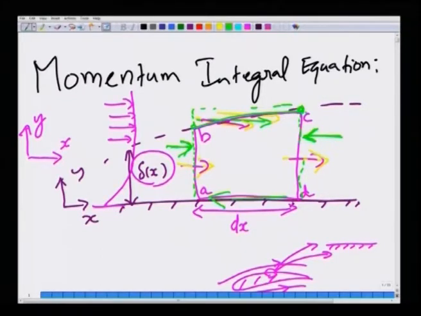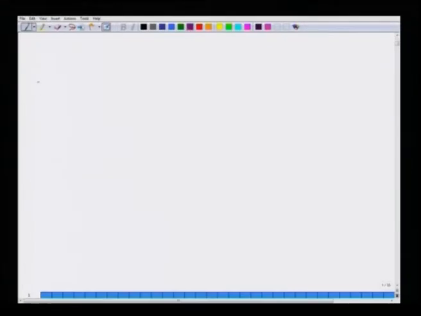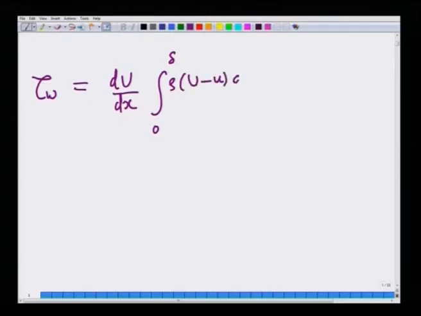Now, if we account for all these things, we ended up with this final differential equation in the last lecture, which relates the wall shear stress tau w, the force per unit area, to dU/dx times the integral from 0 to delta of rho times (capital U minus small u) dy, plus d/dx of the integral from 0 to delta of x of rho u (capital U minus small u) dy. Delta is in general a function of x.